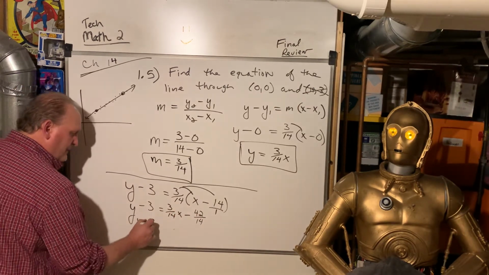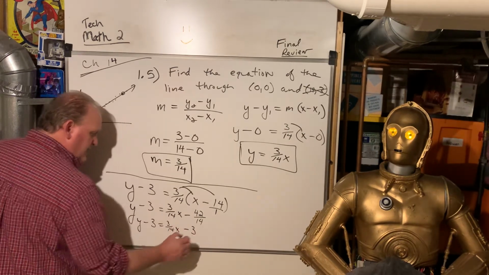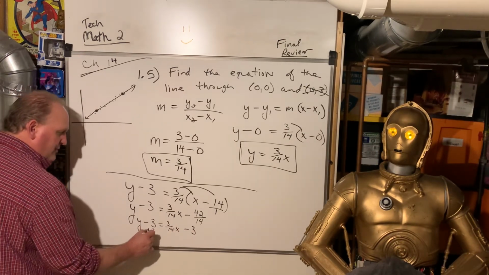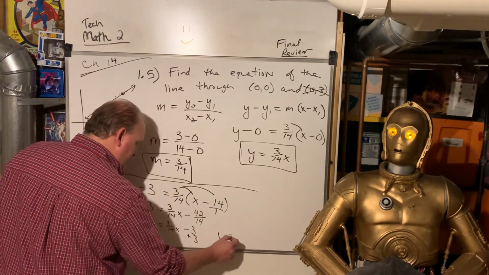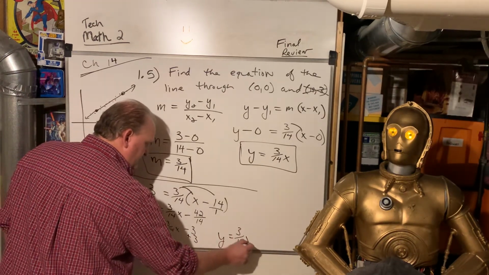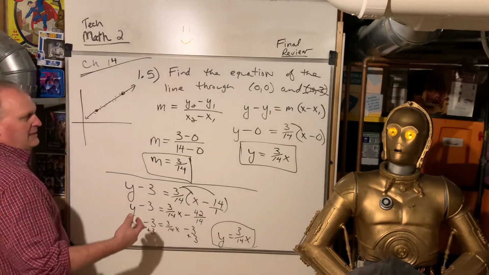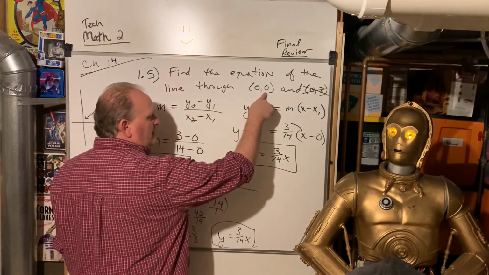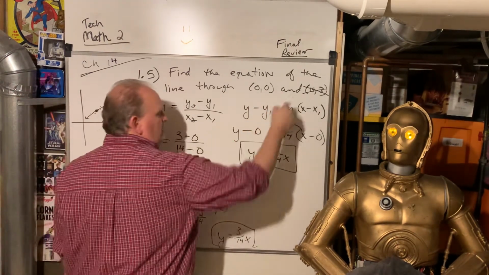So we have this, y minus 3 equals 3/14 x minus 3, and now we solve for y. So add 3 to both sides, and what do you know about that? Same equation, more steps. So that's what I mean. If you have 0, 0 available, pop that in as your point instead of the other one.